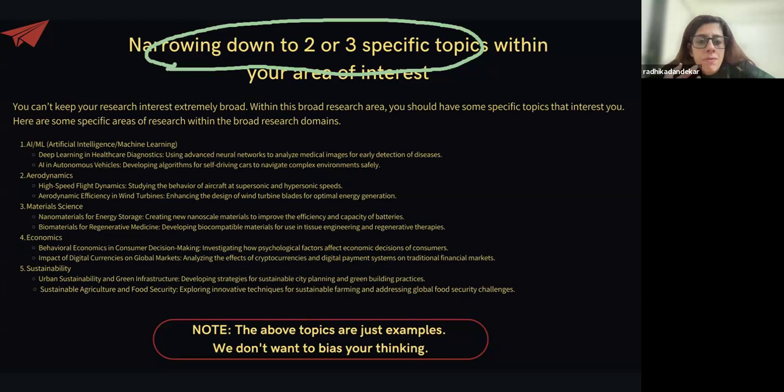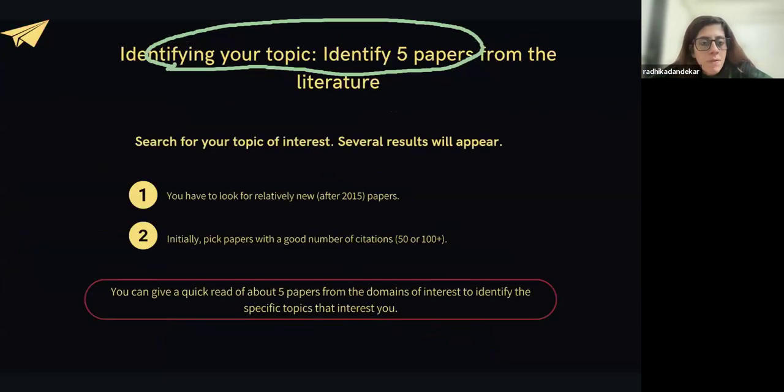For example, these are the 5 topics that I have jotted down, and there will be 2 or 3 specific topics that are a specific version of the broad topics. So in your particular domain, whichever field you're from, you have to narrow down to 2 or 3 specific topics depending upon your area of interest. And then how do you identify your topic?